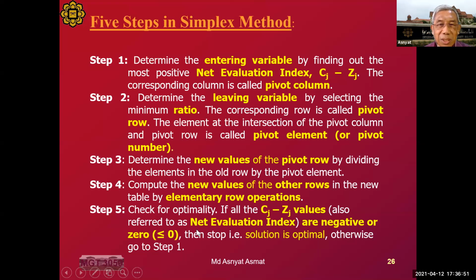We refer to this as net evaluation index. If all these values are negative or 0, then we have already achieved the optimal solution. That means the solution is optimal. If not, we repeat the process. All right, let's have a go.